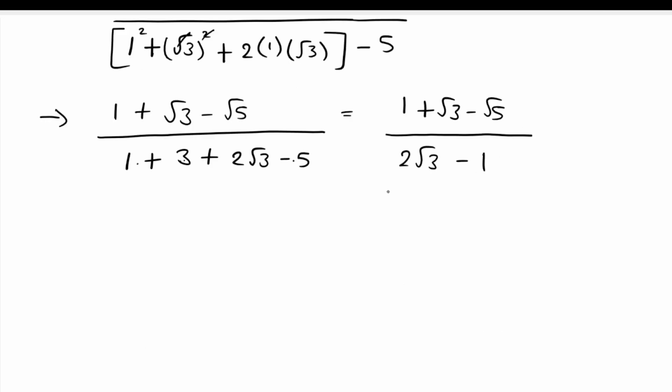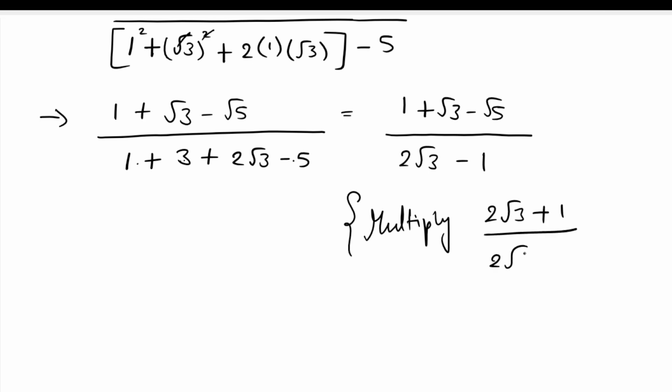Now I'm multiplying by 2 root 3 plus 1 divided by 2 root 3 plus 1. So if we multiply in the denominator, we'll get the form a plus b into a minus b, and we can apply the formula a square minus b square.